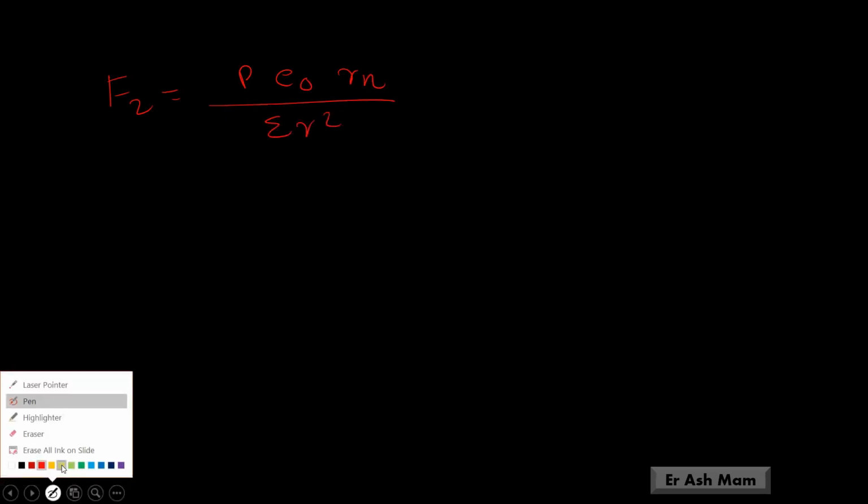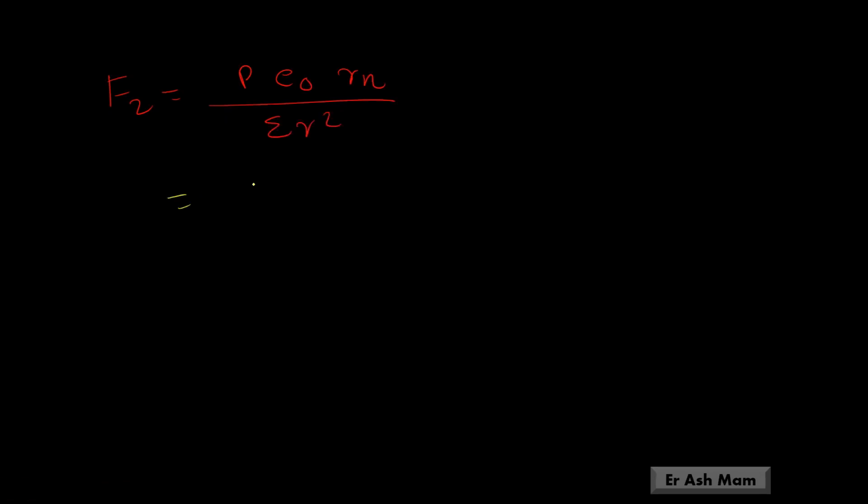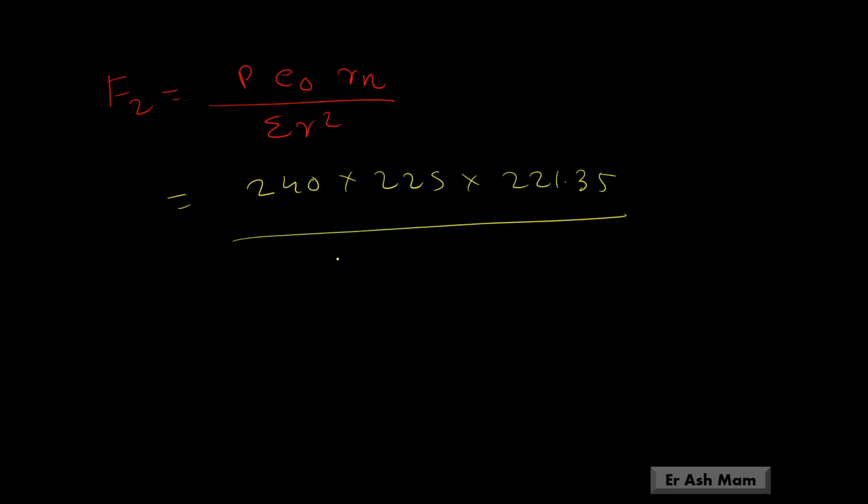F2 equals P e Rn upon summation of R square, correct? Where P is 240 kilonewton, distance e is 225, into 221.35 which is Rn, and summation of R square is 380.8 into 10 raised to 3.